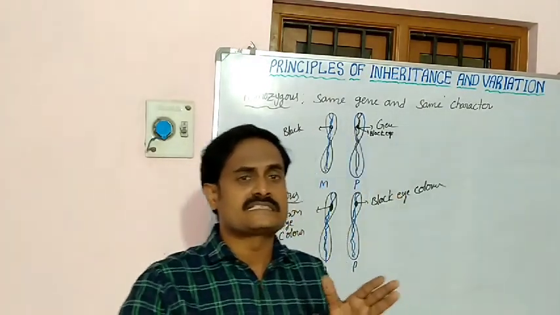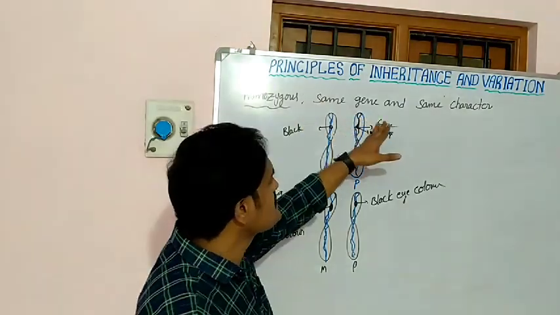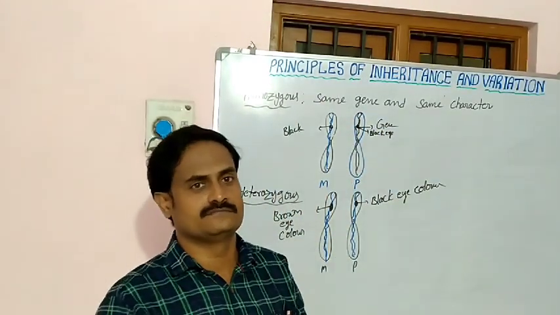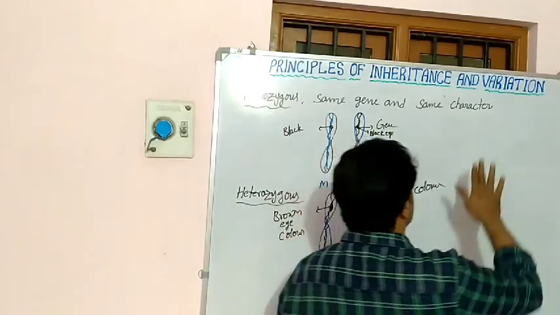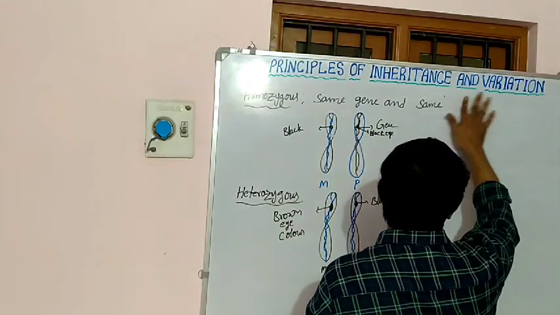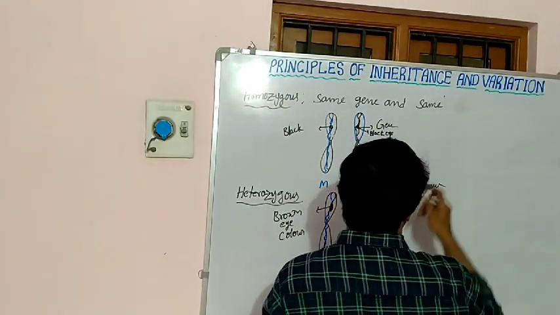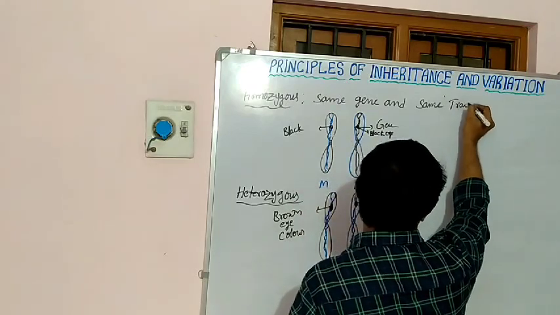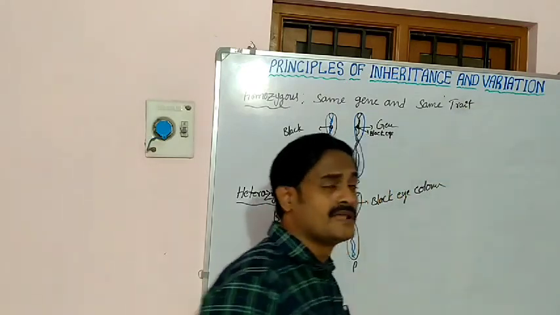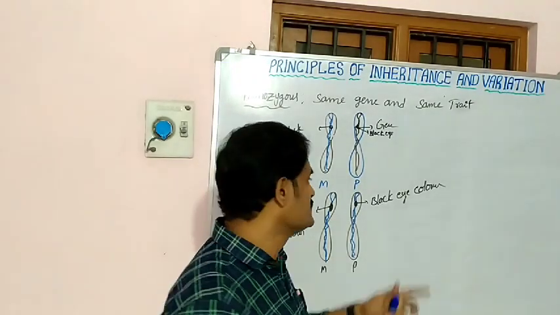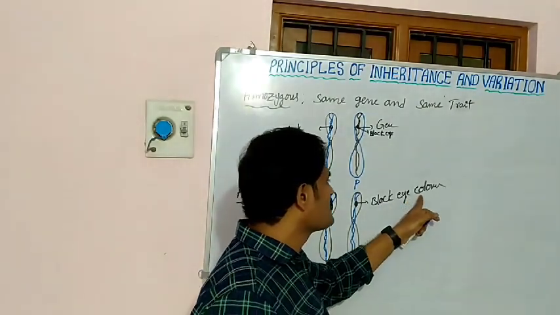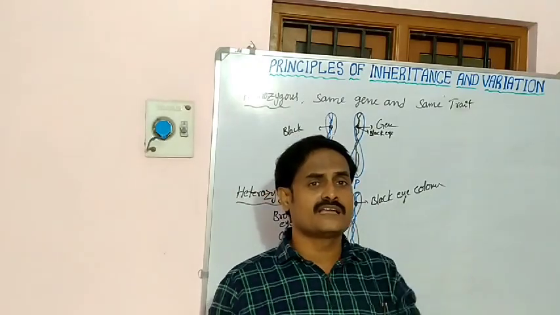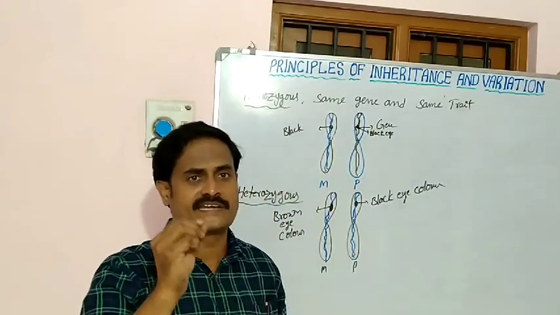Homo means same. So same genes and same character, that means same trait. You have to write that: same trait. Trait means same color. For example, if you take eye color, both are black only. Black color indicates one type of trait.